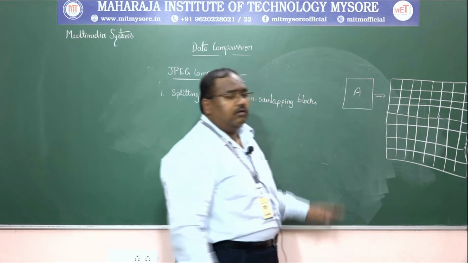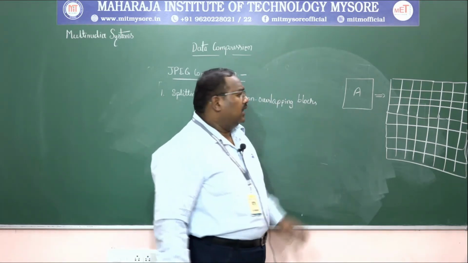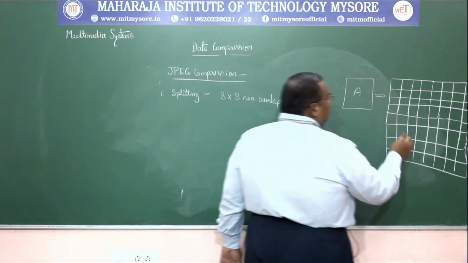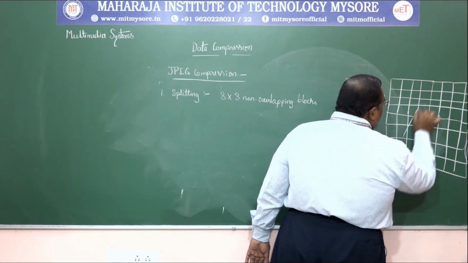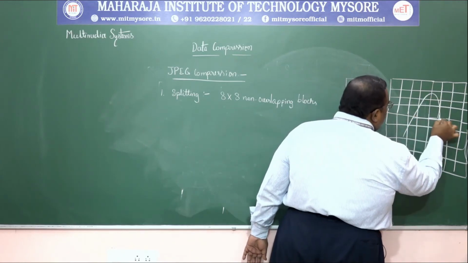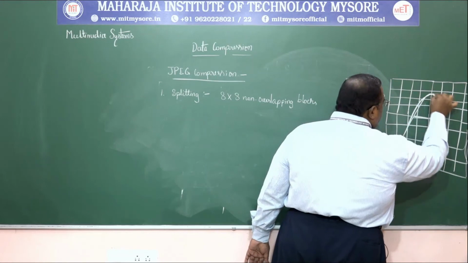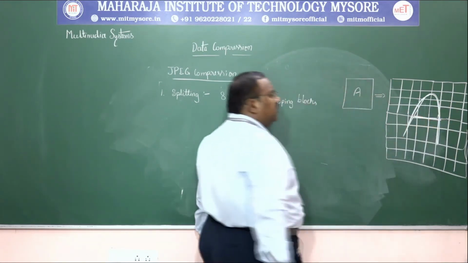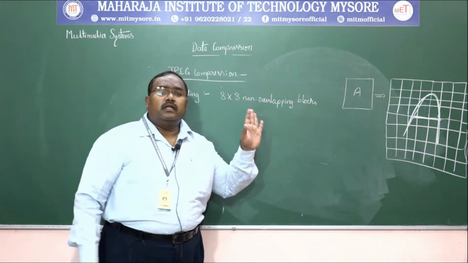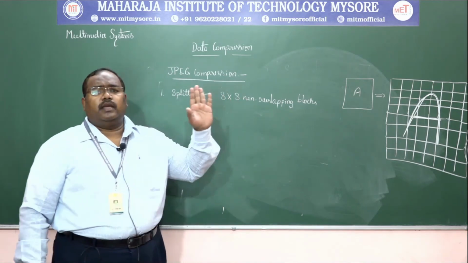Now I have an 8 cross 8 block, and if we try to replicate it here, it would come up something like this. Okay, this is called the preparation of an image.